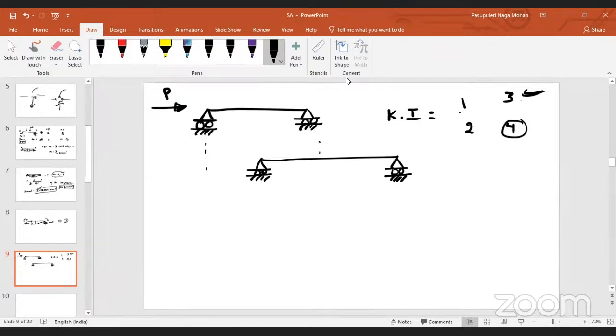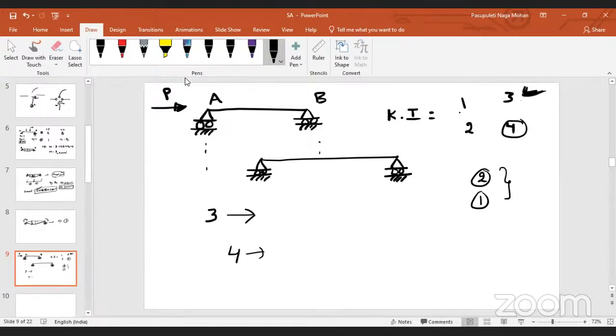Now whoever says it is 3, can you please tell me what those 3 are? Let us say this is joint A and this is joint B. Sir, B will be 2 and A will be 1. Okay, fine.